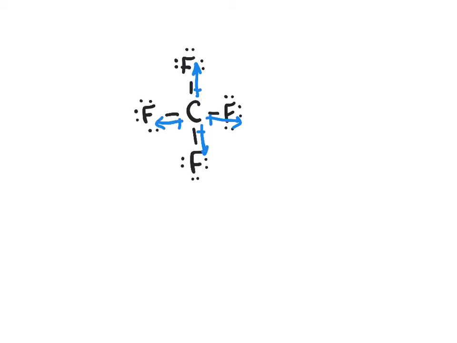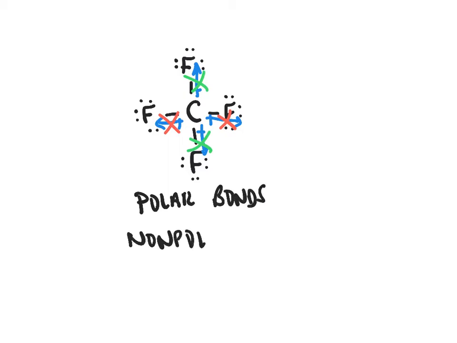So because the molecule is symmetrical, this one and this one cancel, this one and this one cancel, and so we say this molecule has polar bonds, but we also say that it's a nonpolar molecule, and that's a big difference.